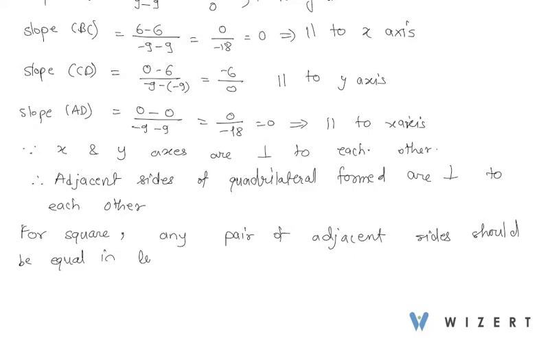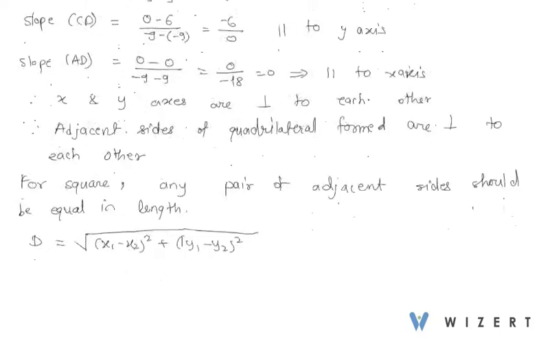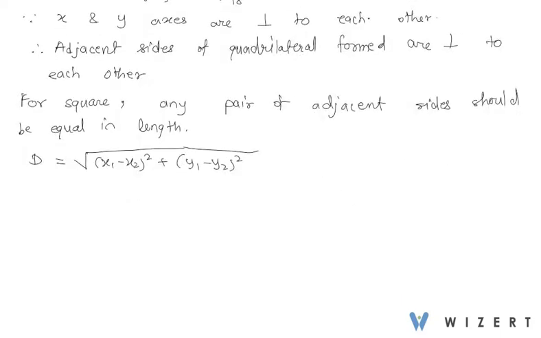Now we know the distance between any two points can be found by d equal to the square root of (x1 minus x2) whole square plus (y1 minus y2) whole square. So we can simply put in the values. Let's check the length of AB.